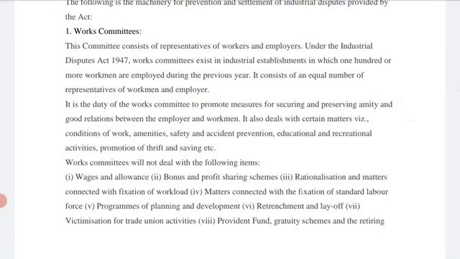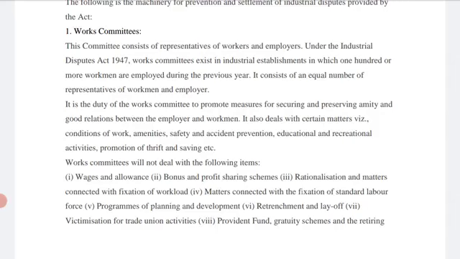This committee consists of representatives of workers and employers. Means that is where you can establish such a works committee, where 100 or more workmen are employed. It consists of an equal number of representatives of workmen and employers.